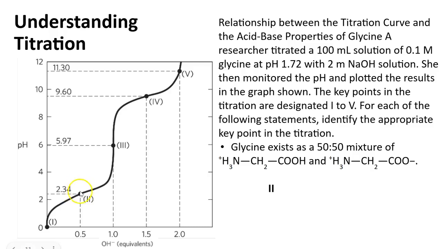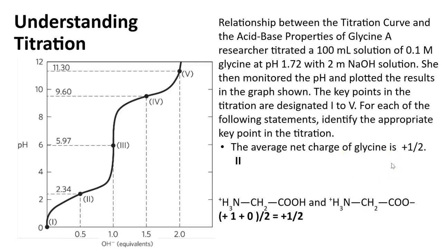So this point 2 is when you have an equal equilibrium of both the most protonated form and the net 0, the zwitterionic form. We talked about this in the amino acid slides. So that is more so trying to cement those ideas into your brain, that this point is a mixture of the most protonated form and the zwitterionic form, 50-50 ratio.